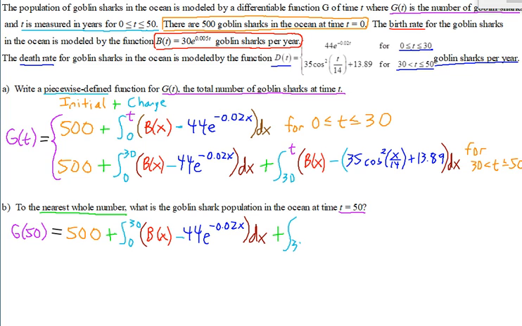the integral from 30, and this is where we're going to substitute in the 50. That's why we had to change the variables to x here, because the only place we want to plug in the time for t is right here in this upper limit. So it goes from 30 to 50.